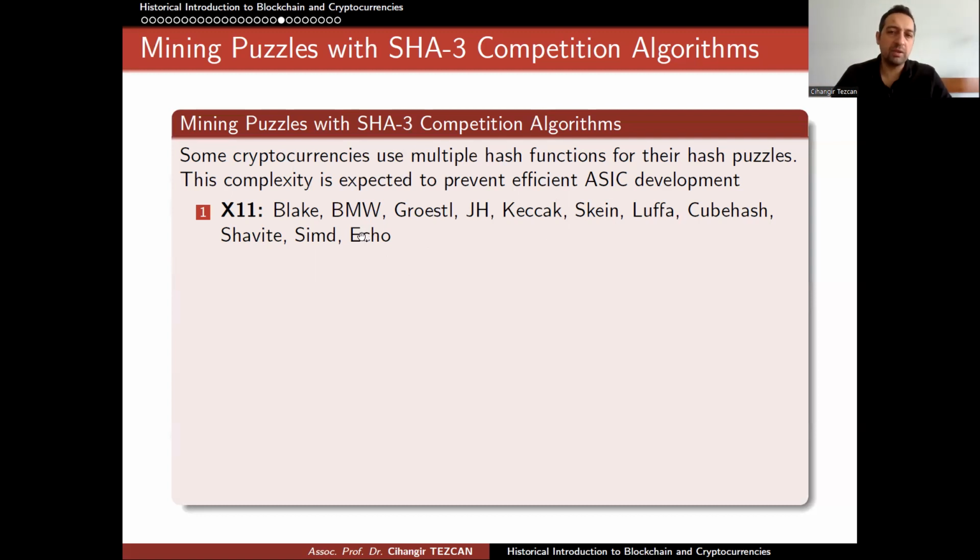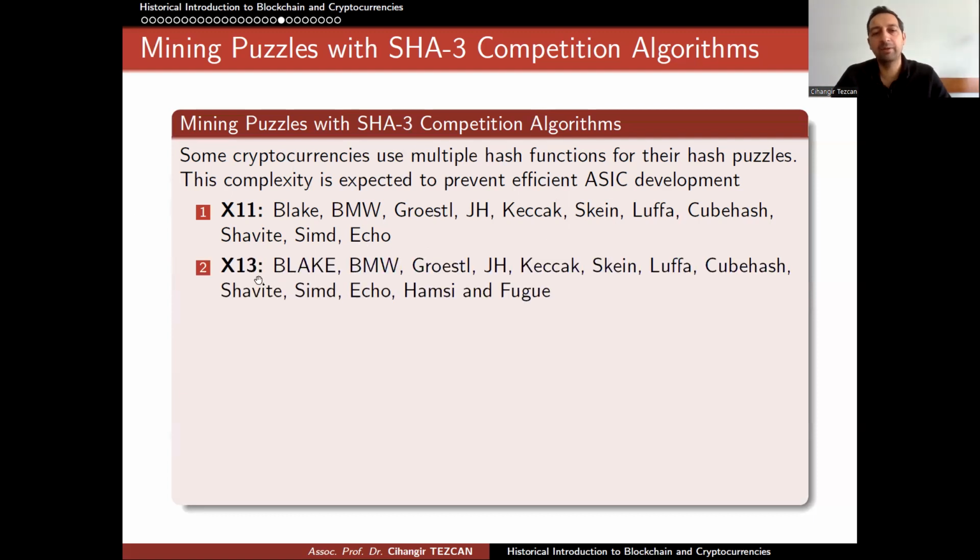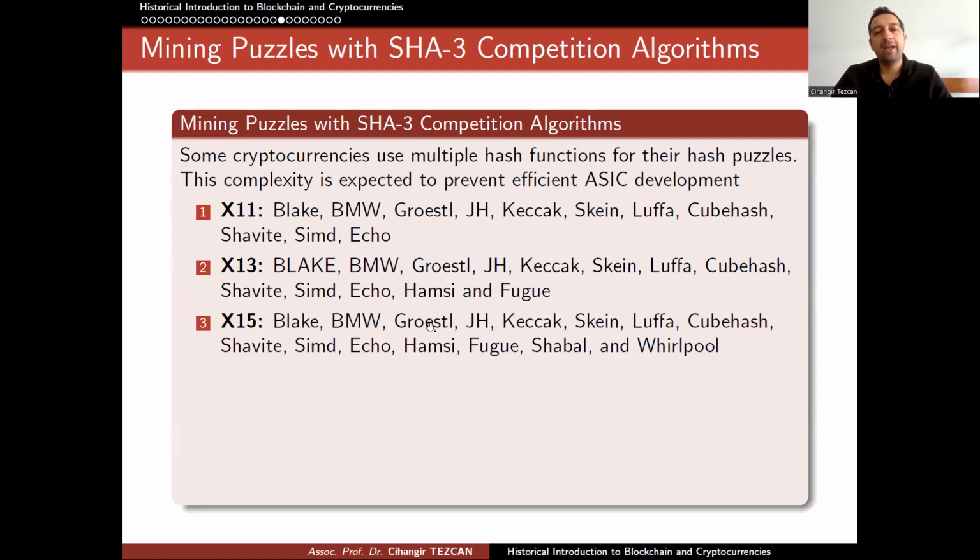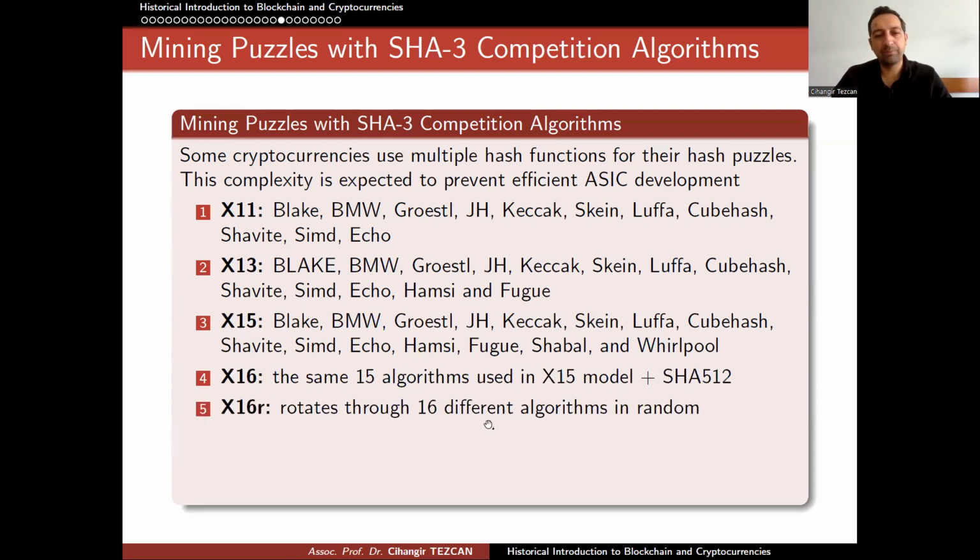So some alternative cryptocurrency developers said, let's make it even more complex. Now include more functions, like 13 hash functions, again from SHA-3 competition finalists or second round candidates. And so on. As you can see, X15 uses these 15 hash functions. X16 also includes this one.